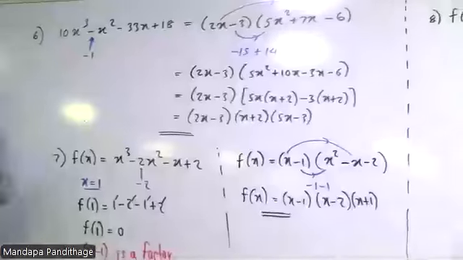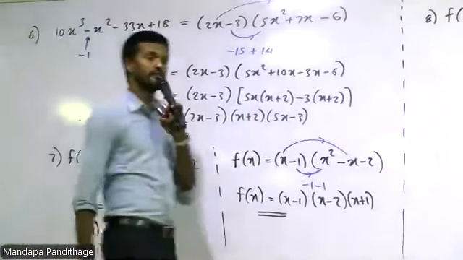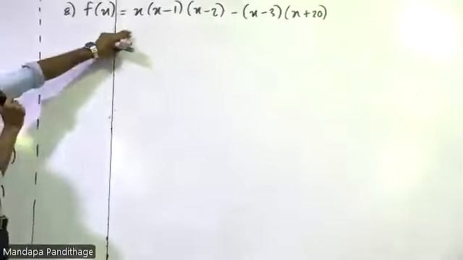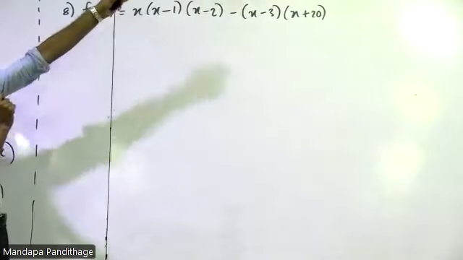Okay, so next one. They have given x minus 4 is a factor. To find the other factor, you can't keep this in this way.